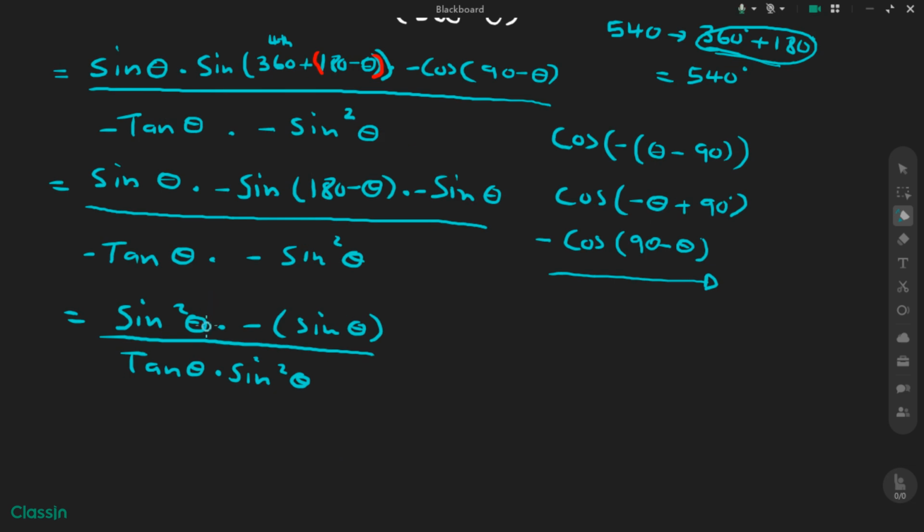Now from there, you cancel the ones that are the same. This one will cancel that. We are left with negative sine theta over tan theta.